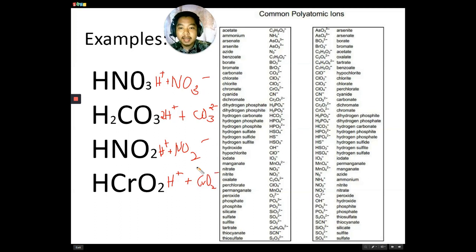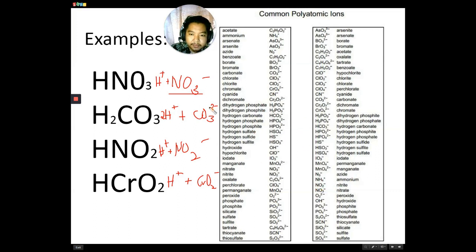So all the anions have oxygens in them. So I cannot use the hydro-blank-ic acid formula, but rather I can use either ic acid or ous acid. So I need to identify what these particular polyatomic ions are. NO3 negative, let me take a look. I'm looking at either a nitrate or a nitrite. It's easier if I'm familiar with the symbols.